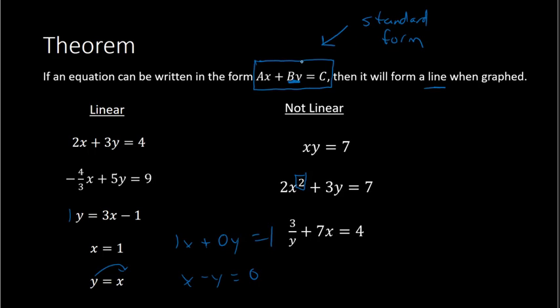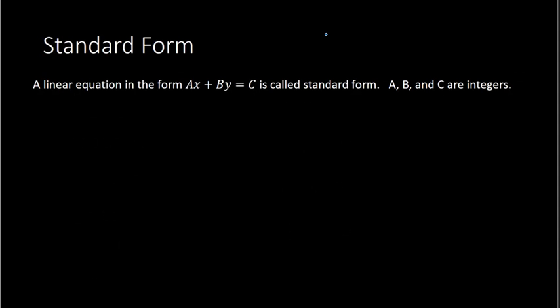So if you have the x and y on the same side equaling a number, that is standard form. So in more specifics, some examples would be 3x minus 4y equals 6. We have x and y on the same side equaling the number on the right side.